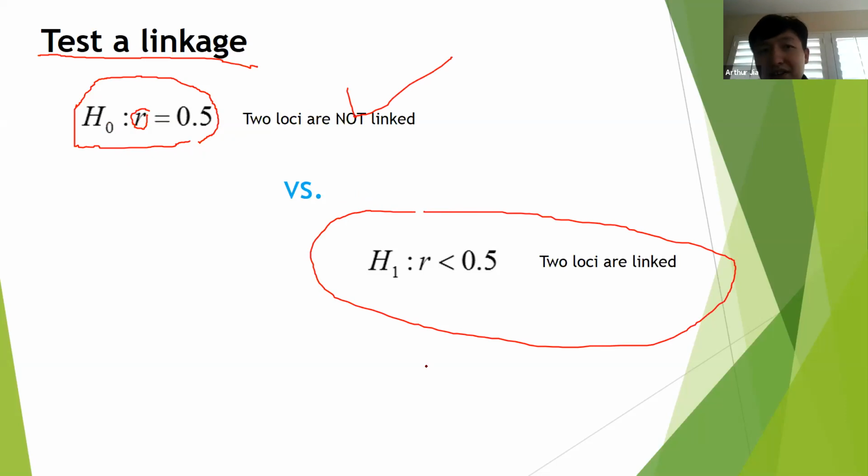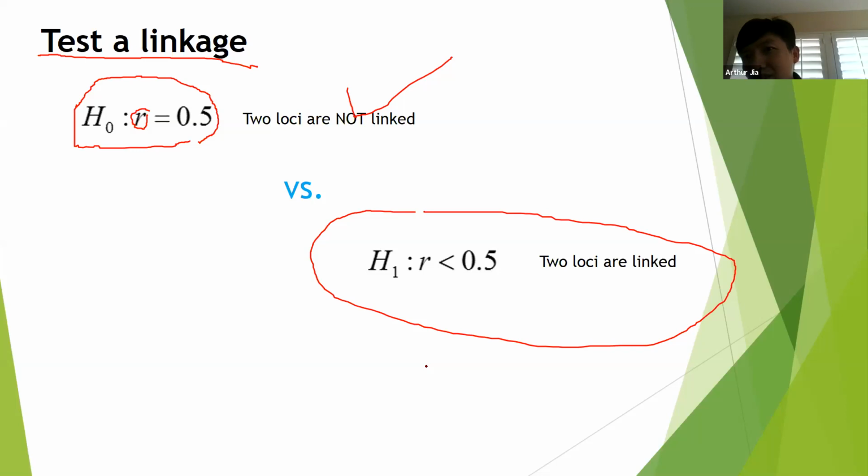So in this case, if you already have your data from the test cross, you can use that data to calculate the R, right? R estimation. Now suppose, for example, your calculation shows that R hat, which is the estimation of R, equals 0.41.